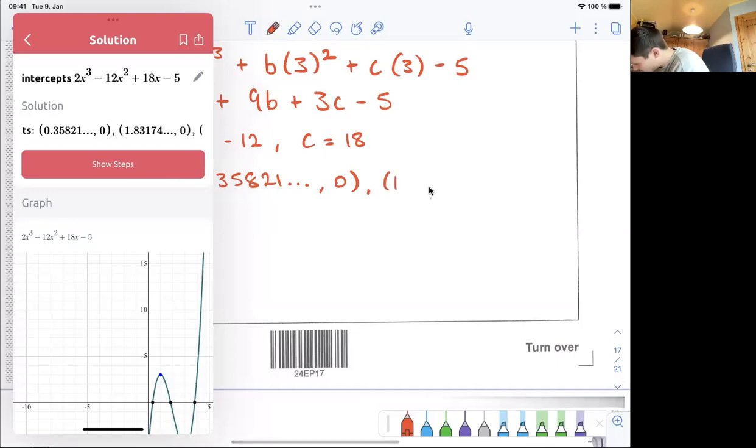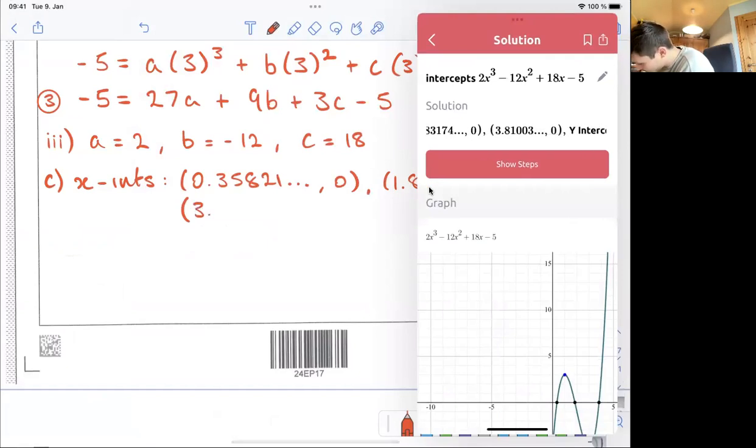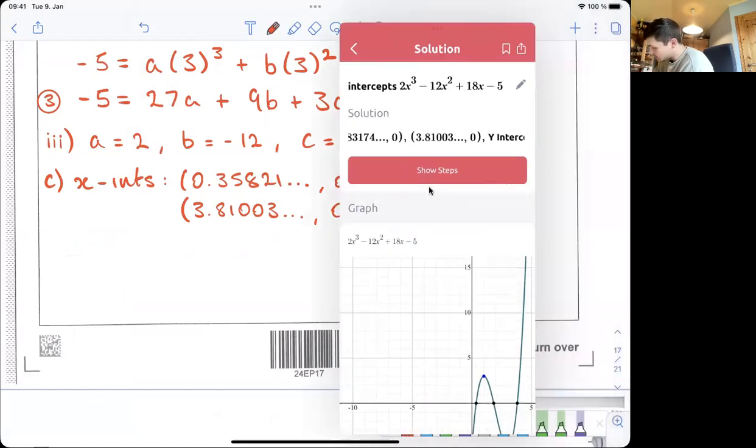Next one is 1.83174, comma 0, and then the last one we'll write down here, 3.81003..., comma 0. Have I added the dots to that one?